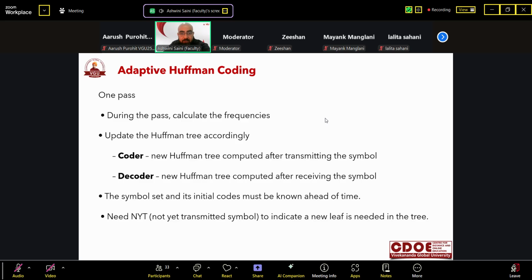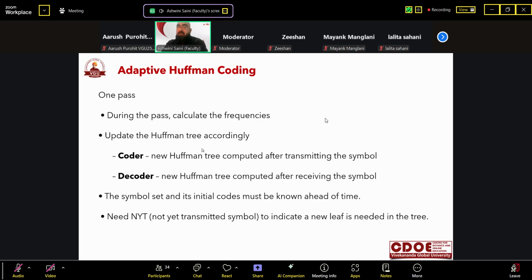Another student gave me the Hoffman code for her name. So that's good, you did some task related to homework.